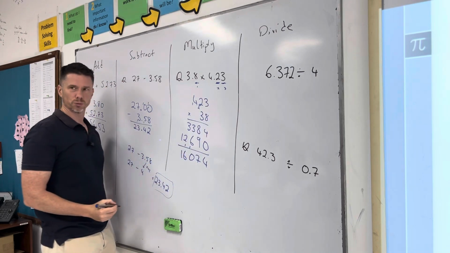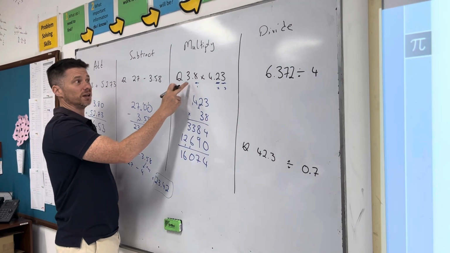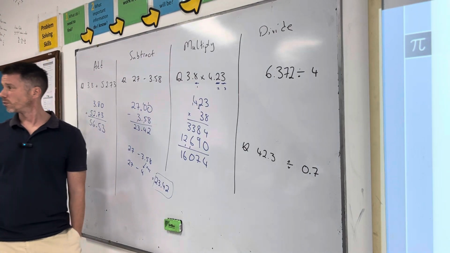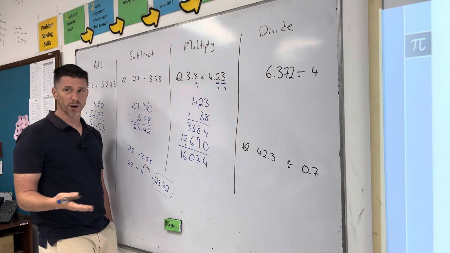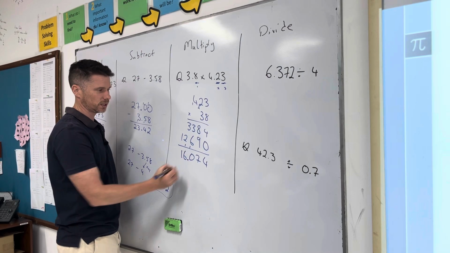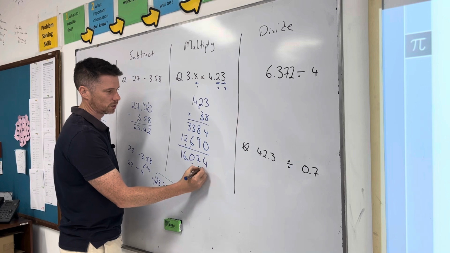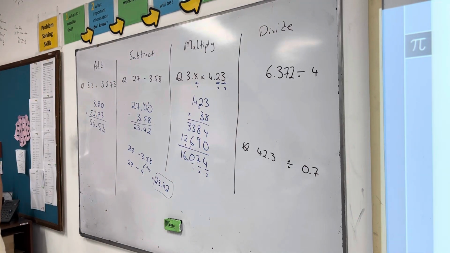So that means I must put 1, 2, 3 in the answer. Also common sense: this is a little bit less than 4. This is a little bit more than 4. So what's 4 times 4? 16. So my answer should be around 16, not 16,000. So the decimal place should go here, but you can just count them. 1, 2, 3 in the answer. 3 spots after the decimal.